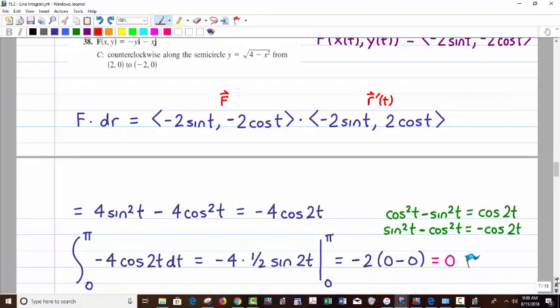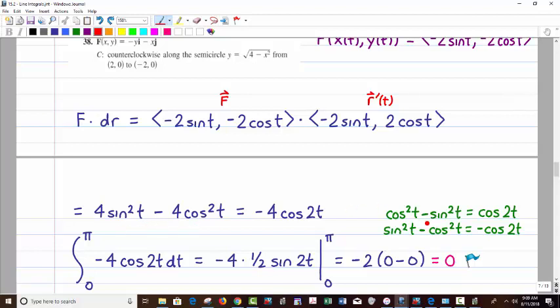Now this one's a little tricky. The way I did it is certainly a more efficient way to do it, but it might not be easy to see. When you dot it, you're going to get 4 sine squared minus 4 cos squared. Now, yes, you could have used the identities we've learned before to integrate these. You could have rewritten sine squared t as 1 minus cos of 2t all over 2, and cos squared t as 1 plus cos of 2t all over 2.